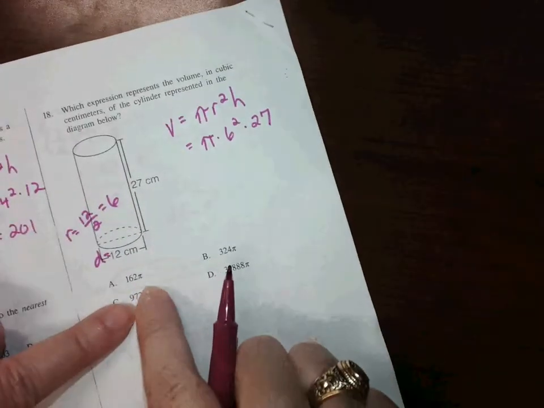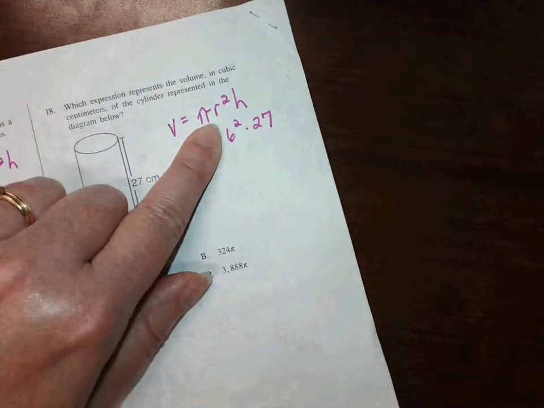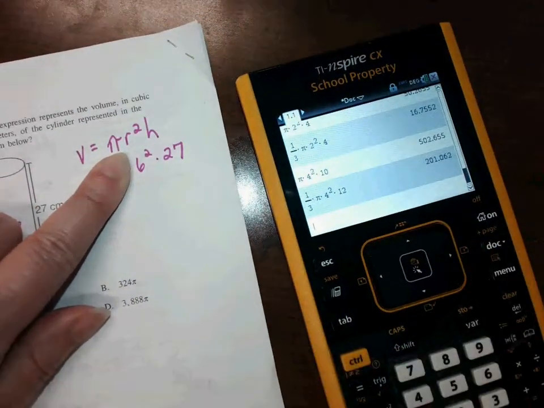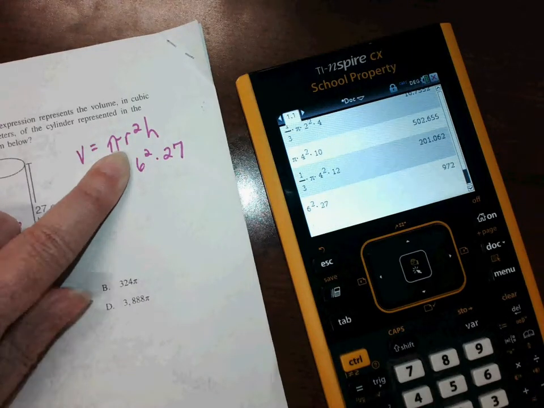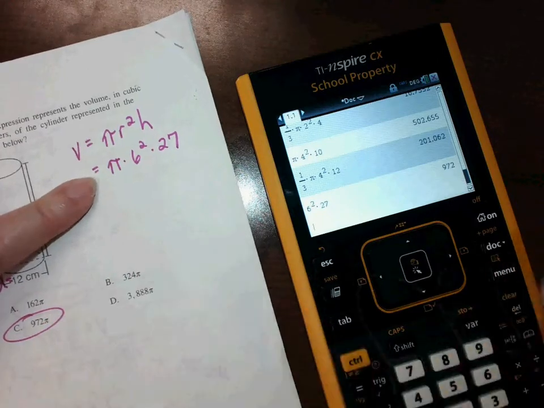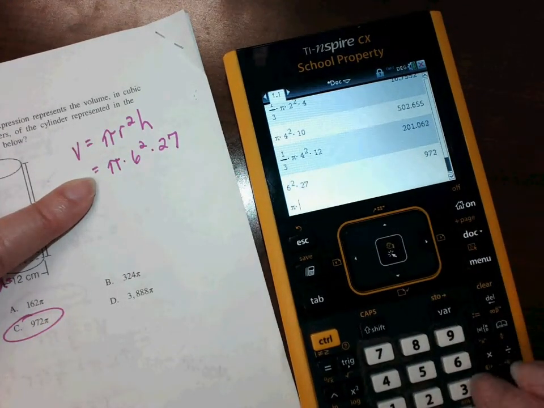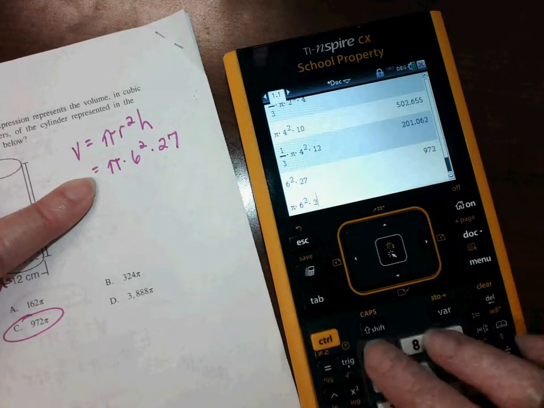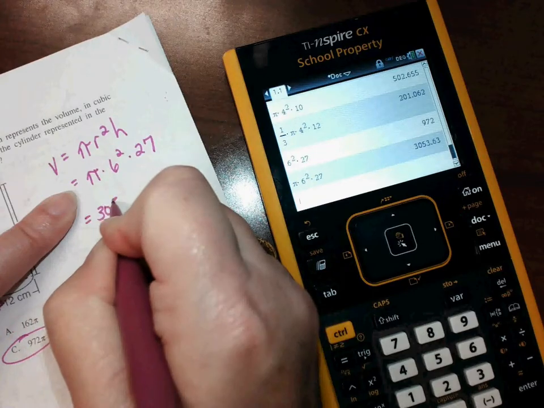Now, if they left pi in their answers, the only thing that you would need to multiply out is the 6 squared times 27, 972 pi. Now, if you multiplied the pi out, you would get pi times 6 squared times 27, 3,053.6.